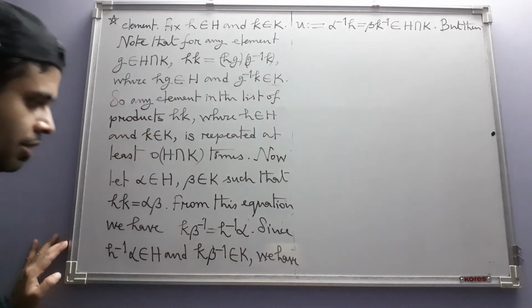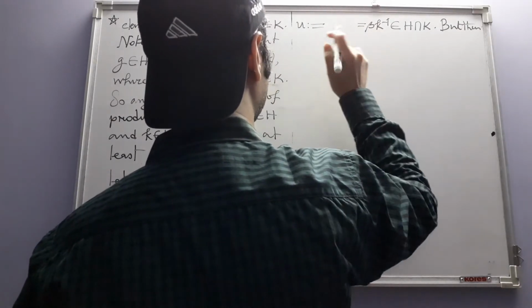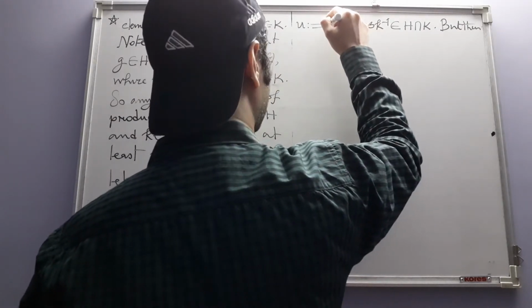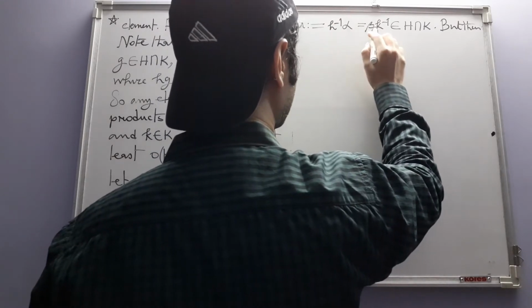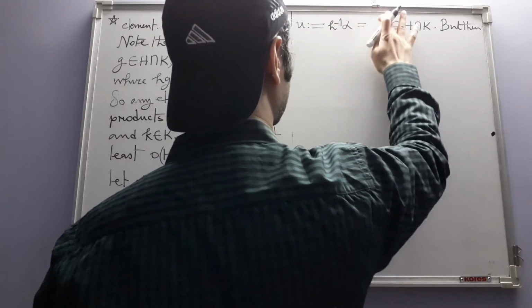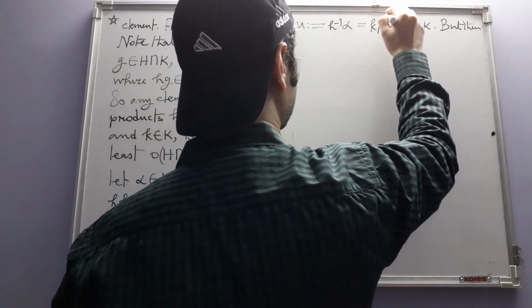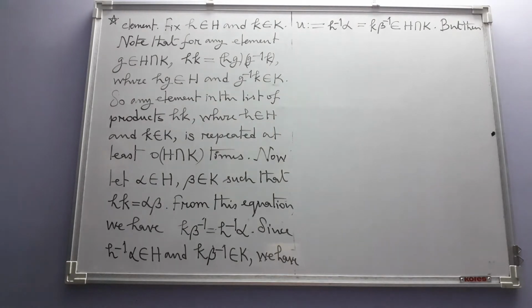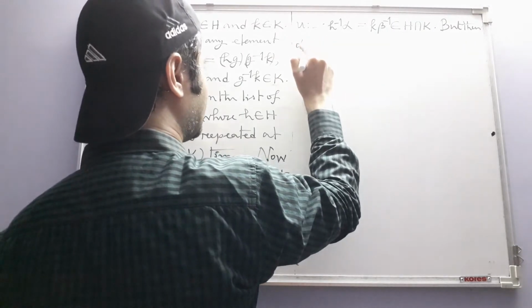K beta inverse belongs to K, so we have H inverse alpha and K beta inverse belongs to H intersection K. But then what is now alpha?